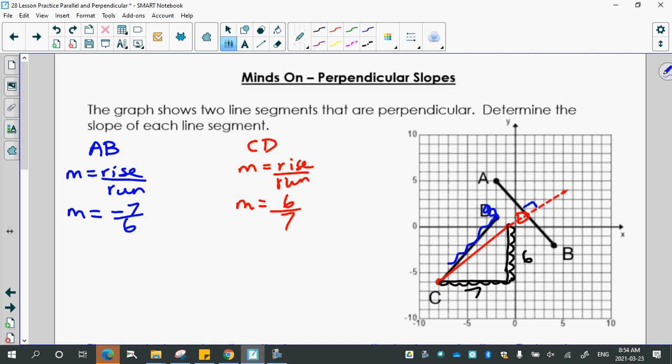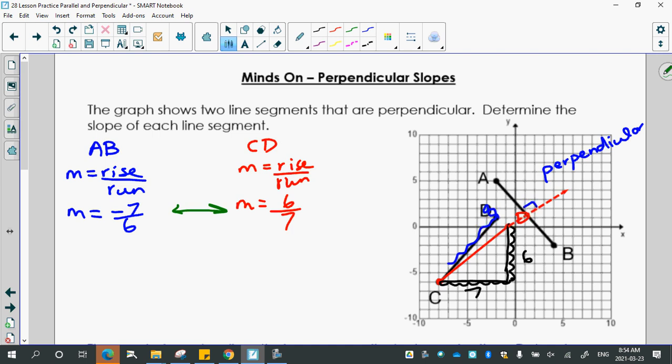And lines that meet at a 90-degree angle are said to be perpendicular. So this word, how many people have heard that word before, perpendicular? So it means meets at 90 degrees, okay? So if you look at these two slopes, what do you notice about the slopes of lines or line segments that are perpendicular? How would you recognize them?